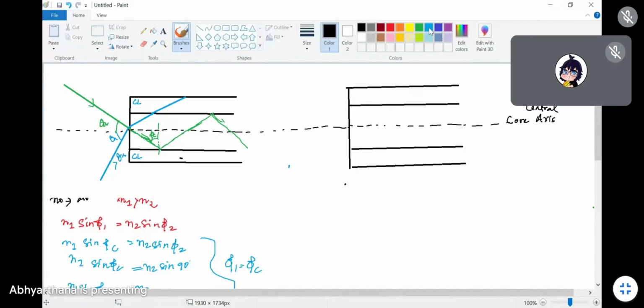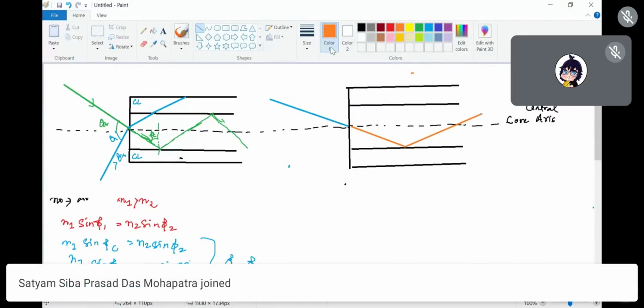Let's say there is an incident ray over here, and the medium here we call the air medium. Then it gets refracted first, and it actually gets bent away, and then there is a reflection over here.